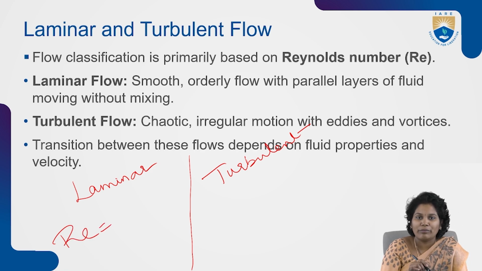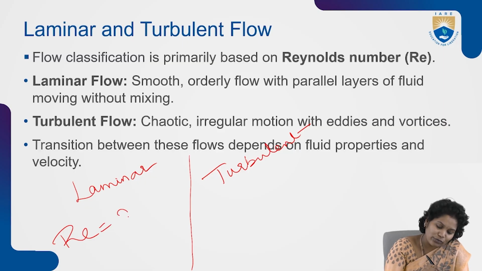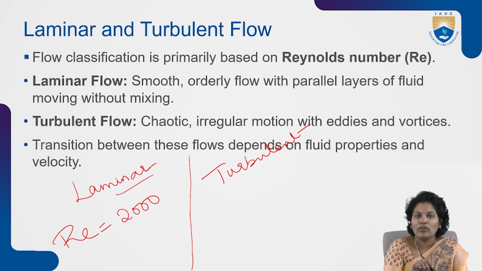When the Reynolds number is less than 2000, the flow we see is in layers, and that is a laminar flow.